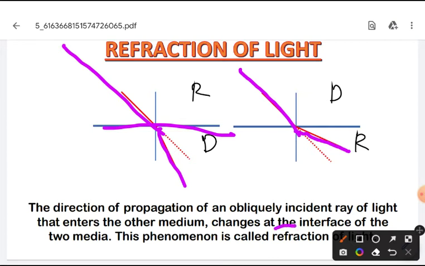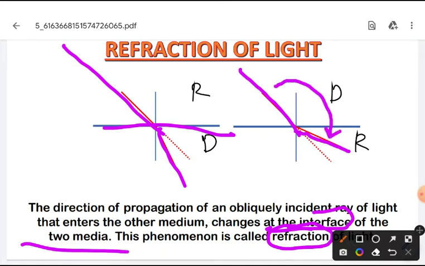In refraction, the direction of propagation of an obliquely incident ray of light that enters the other medium changes at the interface of the two media.